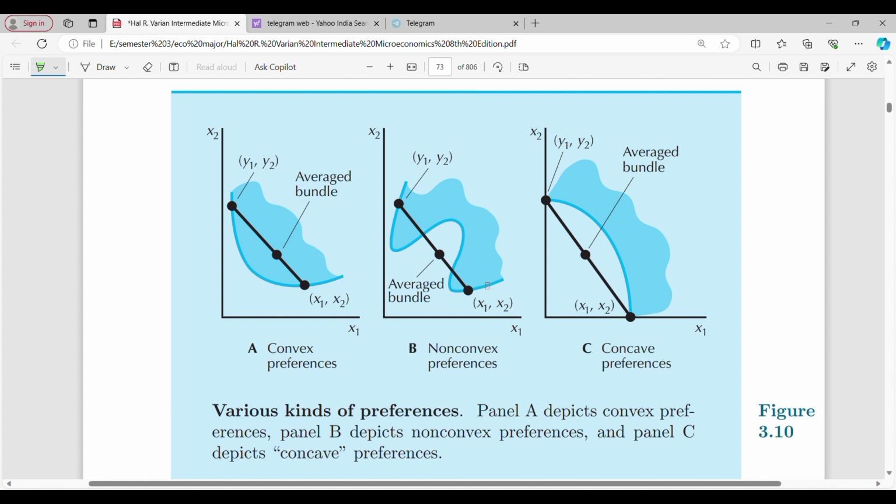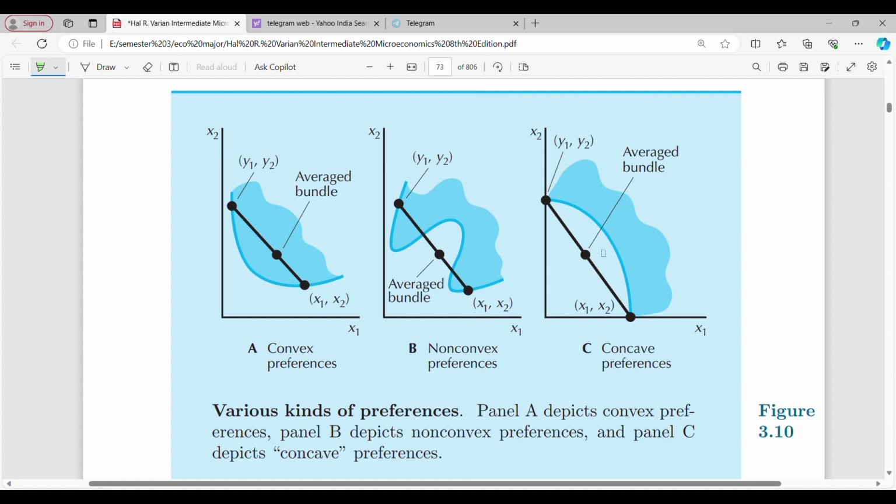In all these not convex cases, we only consider goods, but here the average bundle comes in the bad region, so it will be a worse position and the consumer is not interested in consuming an equal amount of y and x. He just wants, for example, 8 ice creams and 2 olives, not 5 ice creams and 5 olives. He can also have 2 ice creams and 8 olives, but not 5 ice creams and 5 olives.